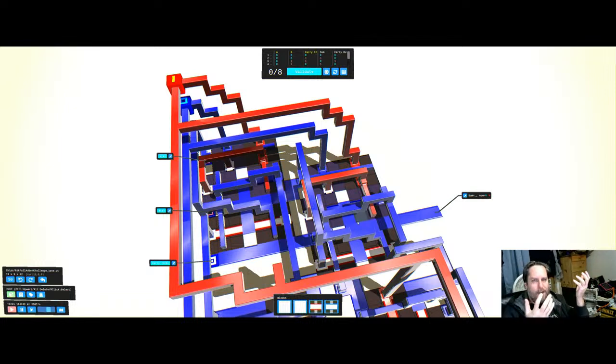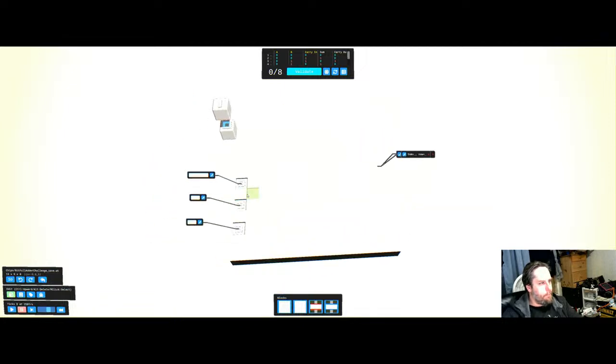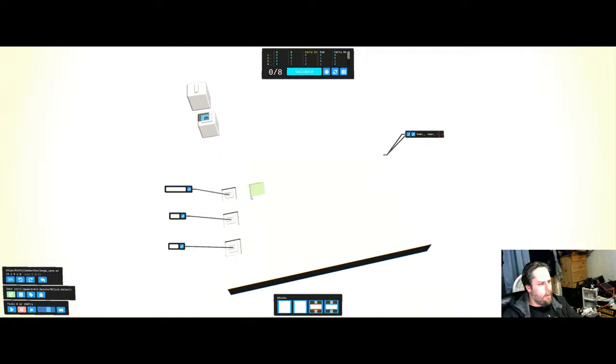Is it an AND gate, an OR gate, an XOR gate? I think it's a 3-input XOR gate, I believe. But whatever it is, I believe I got it working. So let's go ahead and get this going and see if I stay awake for it.